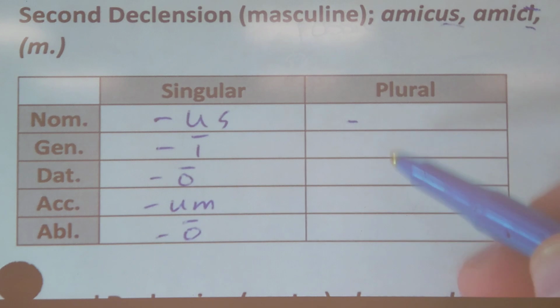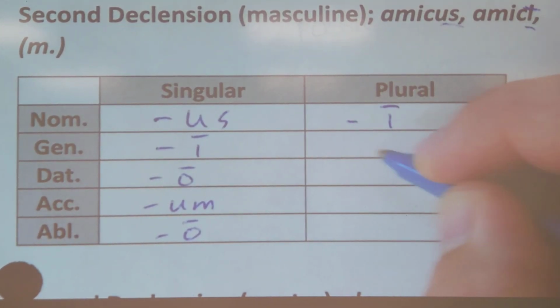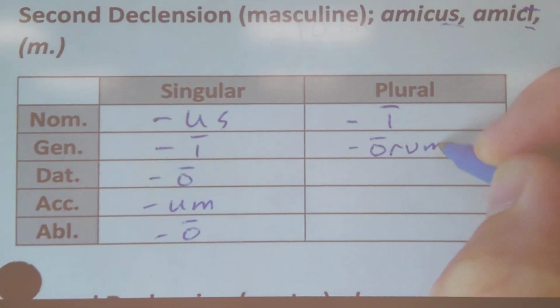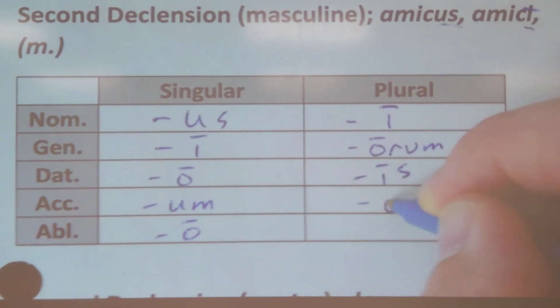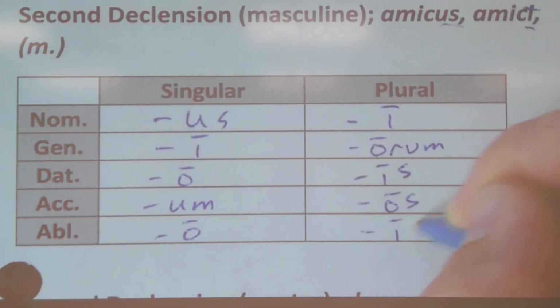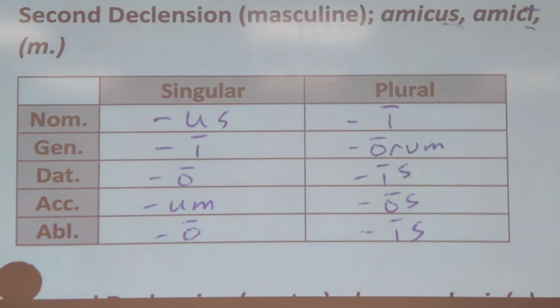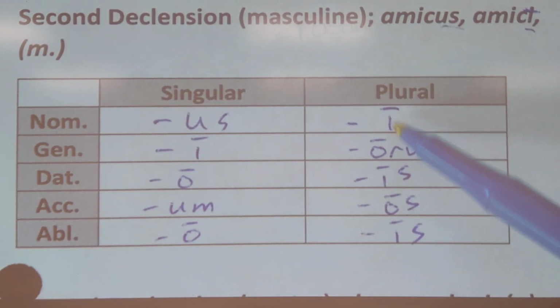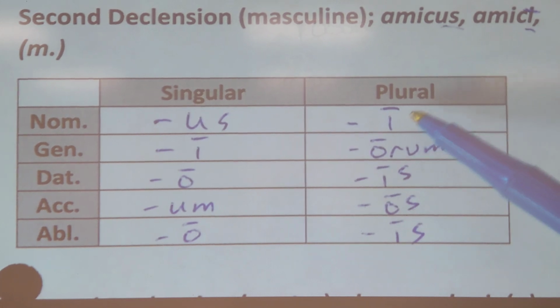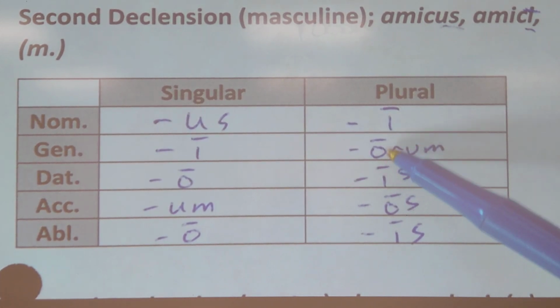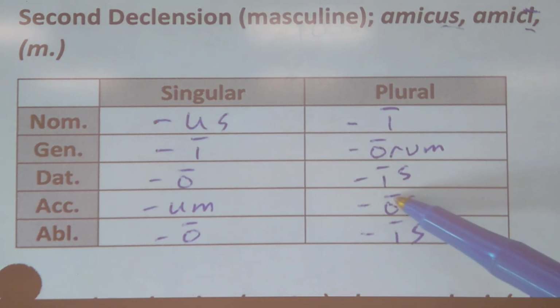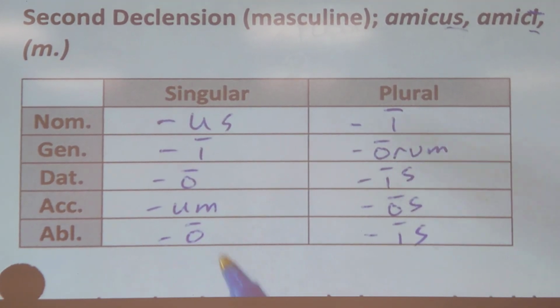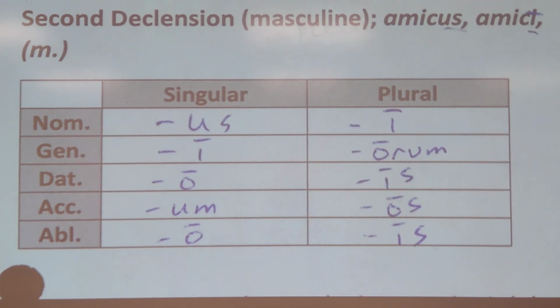In the plural, we have i, orum, is, os, is. Again, don't forget those long marks. This is i, not I. This is orum, a long O. Os with a long mark. So us, i, o, um, o, i, orum, is, os, is.